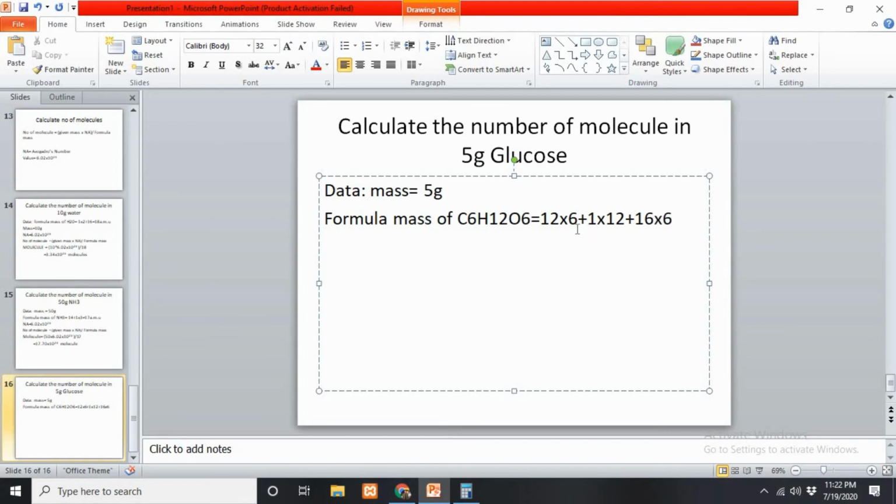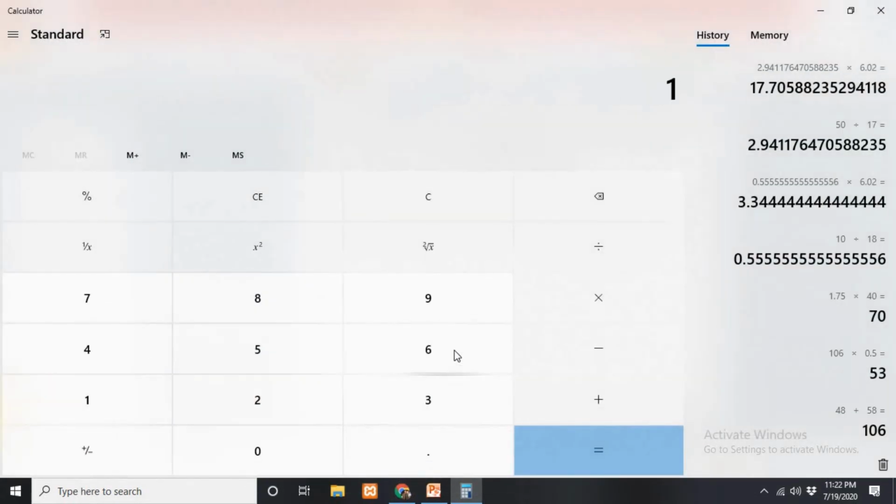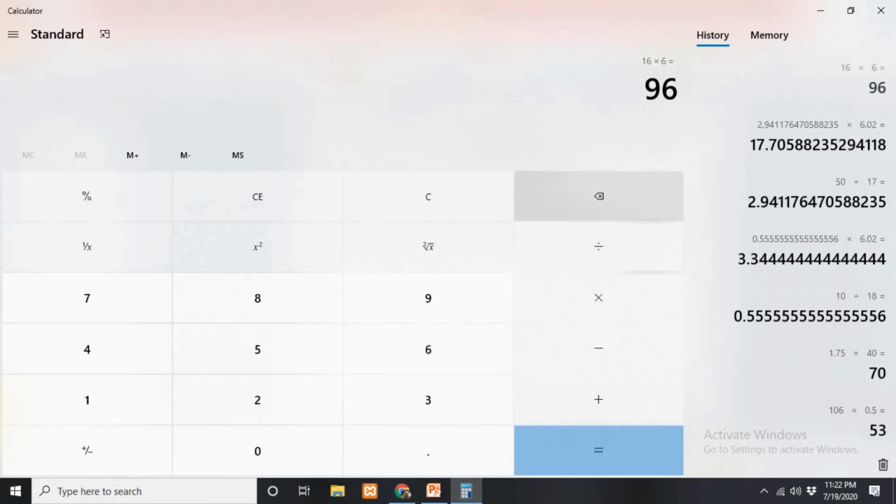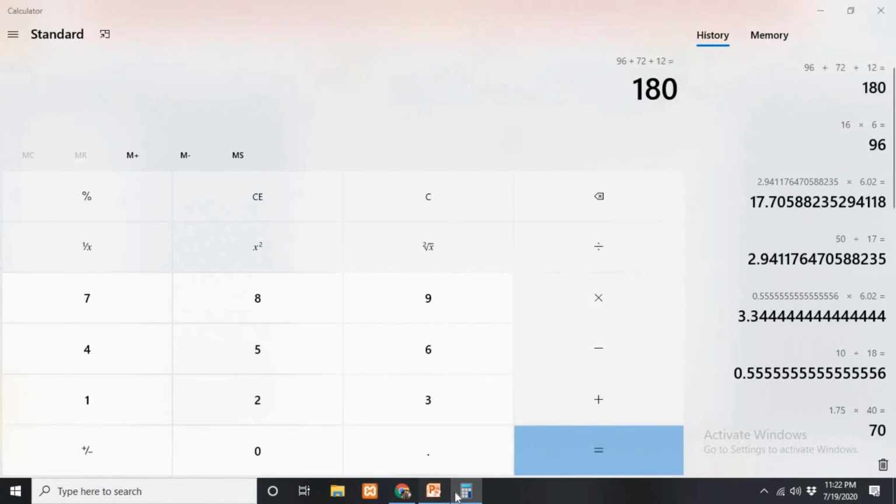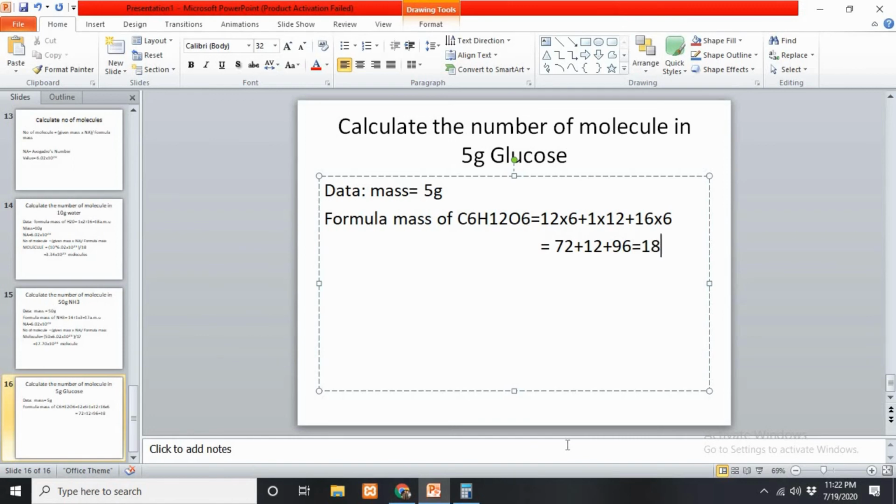Let's take one more step to calculate it. 12 into 6 is 72, while 1 multiplied by 12 is 12, and 16 into 6 is, I hope, 96, right? Just confirm. 16 into 6 is 96, yes. 96 plus 72 plus 12. The whole sum for glucose is 180. So that will become 180 AMU.